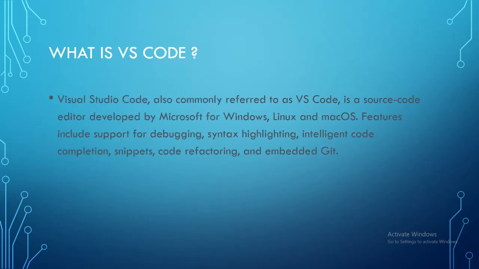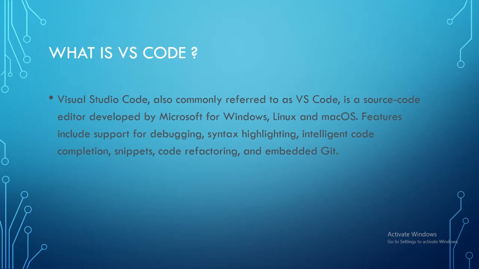Visual Studio Code, also commonly referred to as VS Code, is a source code editor developed by Microsoft for Windows, Linux and Mac OS. Features include support for debugging, syntax highlighting, intelligent code completion, snippets, code refactoring, and embedded Git.